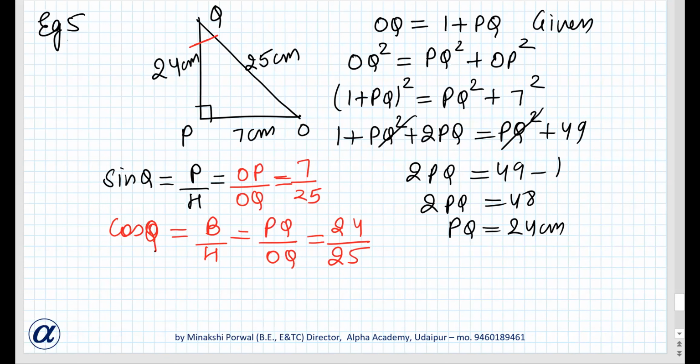Any doubt? If any doubt is there, you can ask. Yes, what is your doubt? Ma'am, how will we know where we have to use k or not?